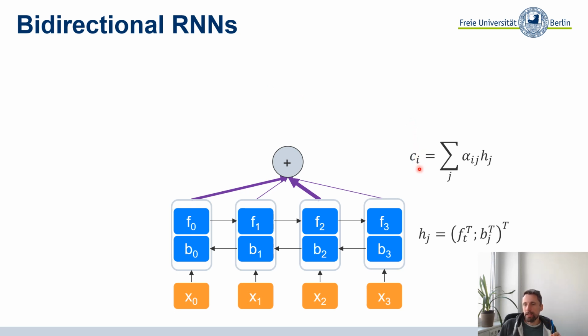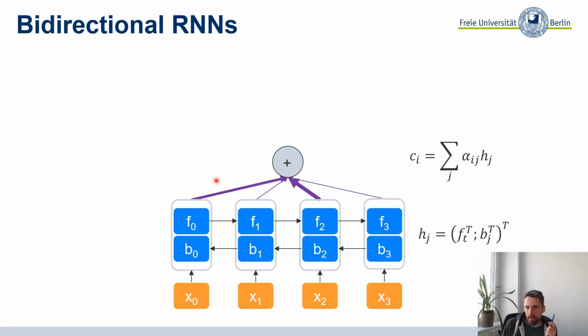So i here is referring to the output, j is the input. So we'll always sum up all input tokens represented by h, but with a different weighting. And these alphas will be learned, okay? We'll come to this in a second.